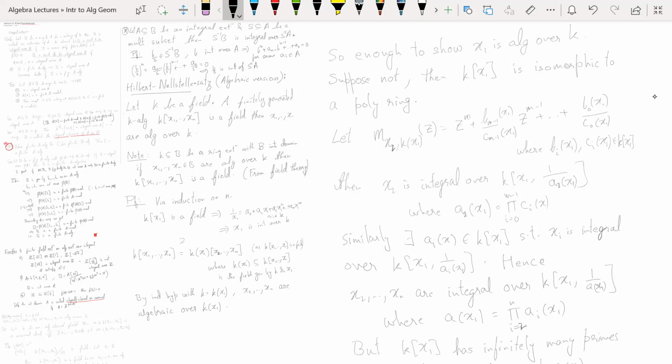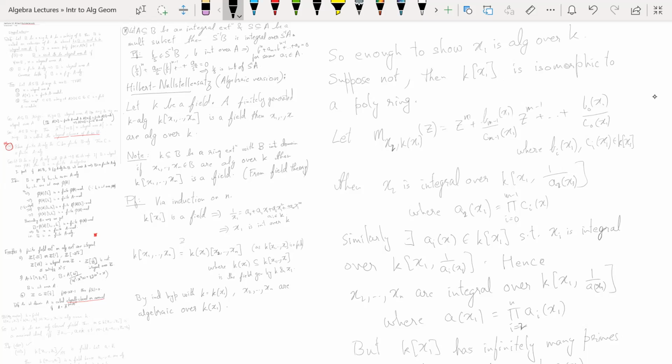If our objective was just to show that k(x1) is not a finitely generated k-algebra, we would have done that directly. But we want to show that x2 to xn are not in the fraction field, but may be in some over-field.